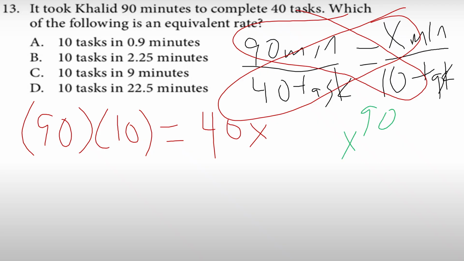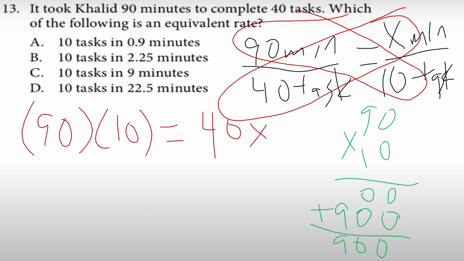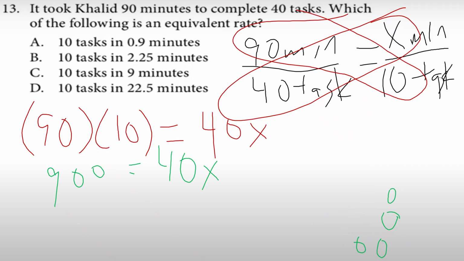And we know 90 times 10 is, this is 0. We start 0 here. 1 times 0 is 0. 1 times 9 is 9. Add those numbers, so that's 900. So we know 90 times 10 is 900, and that's equal to 40x. We need to get x on the side by itself. To do that, we have to divide both sides by 40.